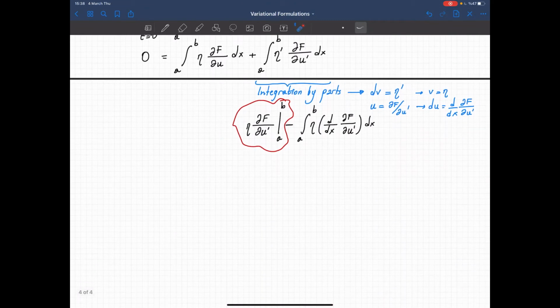So as you see, this term vanishes. It's equal to 0 because nu is equal to 0. Let's put a note that this is the essential boundary condition.